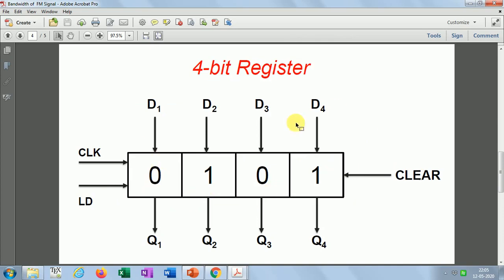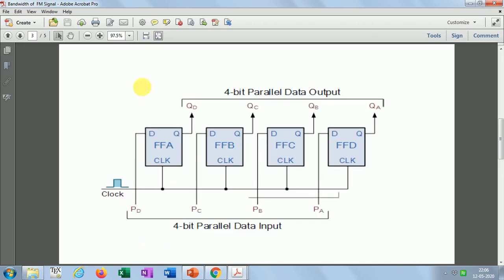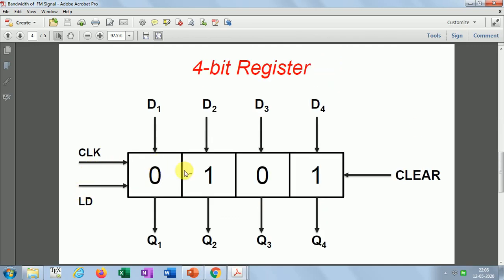So these are all D flip-flops: 1, 2, 3, 4 D flip-flops, with parallel inputs D1, D2, D3, D4 and parallel outputs Q1, Q2, Q3, Q4. You can see this clock is connected to this register. It is not shown internally, but this same clock is connected to all the flip-flops, just like here. So this is synchronous operation, with all the flip-flops synchronously connected.